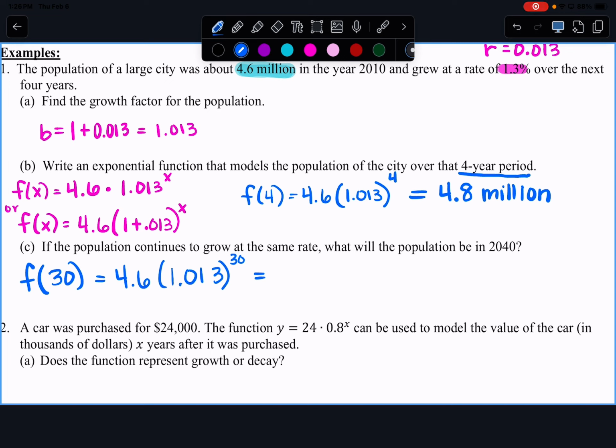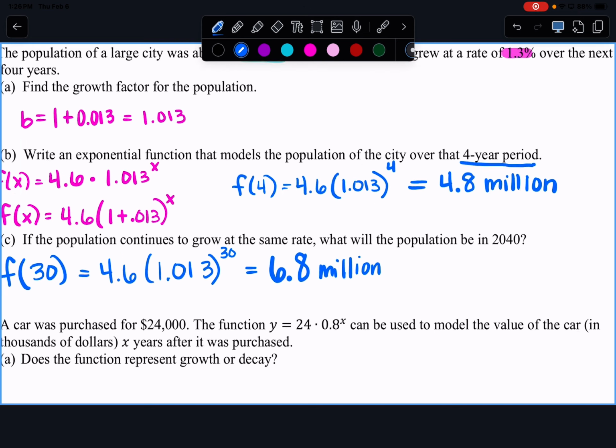Tomorrow, we're actually going to do it with interest formulas and see what happens with money when we do stuff like this. So what is my answer to this question? 6.8 million.